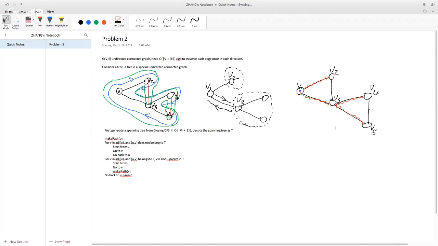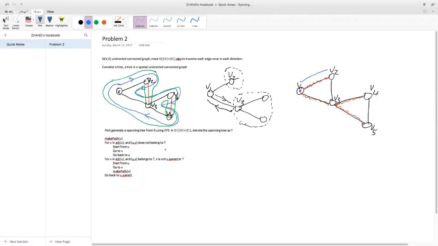The red one is the spanning tree. Suppose from V1, let's consider V2 and V3 that are adjacent to V1. The edge V1, V2 is part of the spanning tree. So let's go back to this loop. Starting from U is V1, go to V, pass like this. So now let's call make path V, that is make path this.